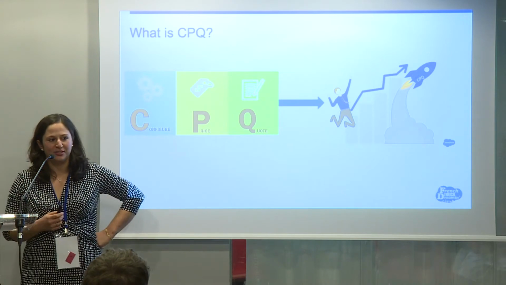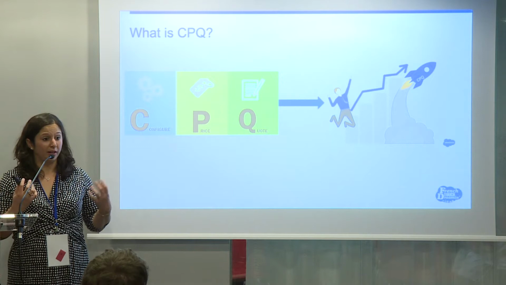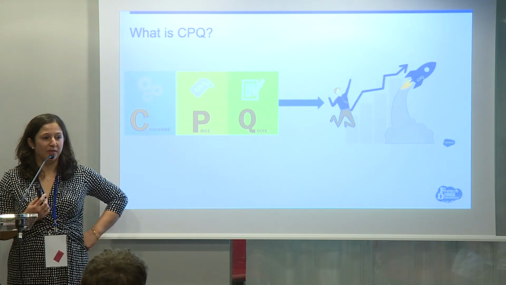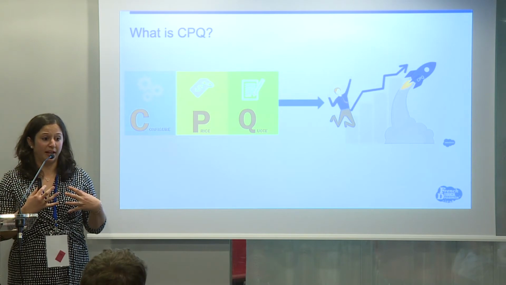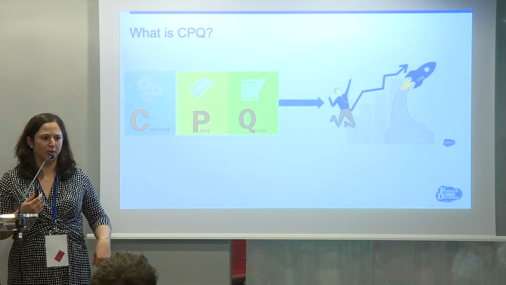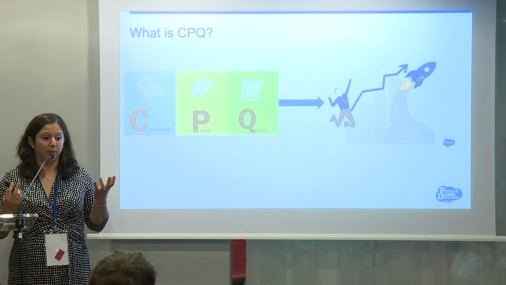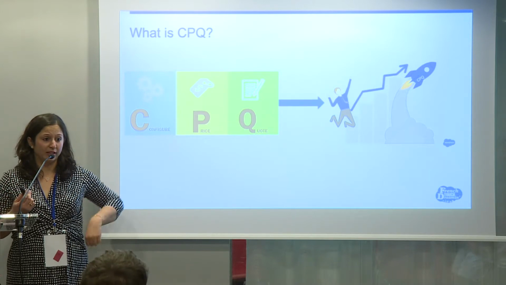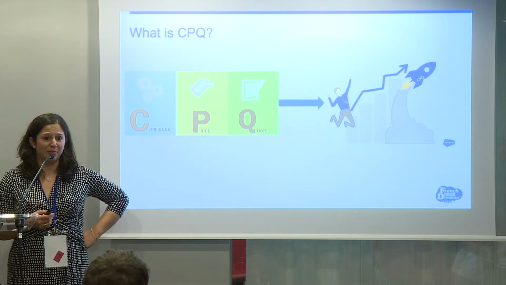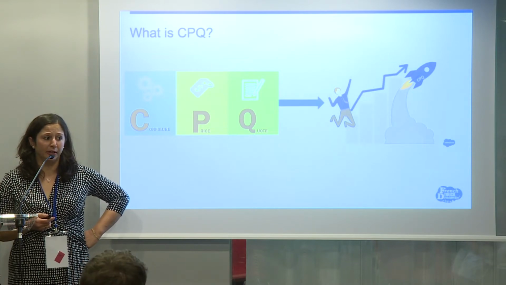Configure stands for when you're putting together a quote, the different products that you put together and the business logic that goes along with how those products work together, so that the salesperson doesn't have to remember all of these business rules in their head. Pricing is the single source of truth for pricing, which can be really helpful for lots of organizations and makes it so that people don't have to do number crunching at their desks or in Excel or on calculators.